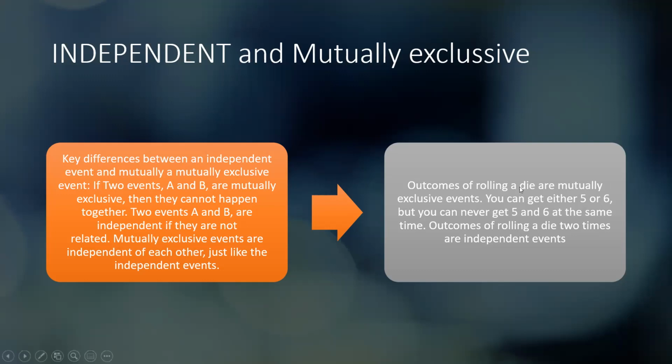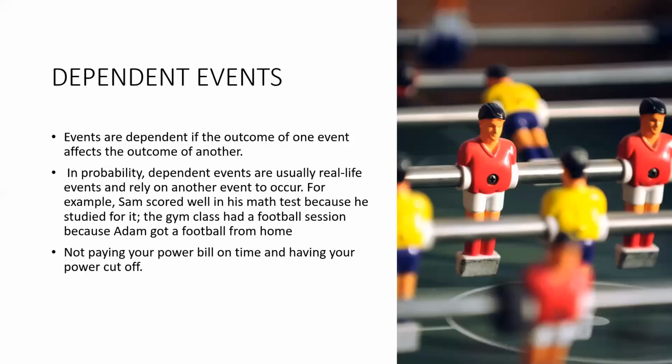Like the outcomes of rolling a dice are mutually exclusive events. They are related to each other, but they cannot occur simultaneously. You can get either a 5 or a 6, but you can never get 5 and 6 at the same time. The outcomes of rolling a dice 2 times are independent events, as they are not related. And there are also dependent events.